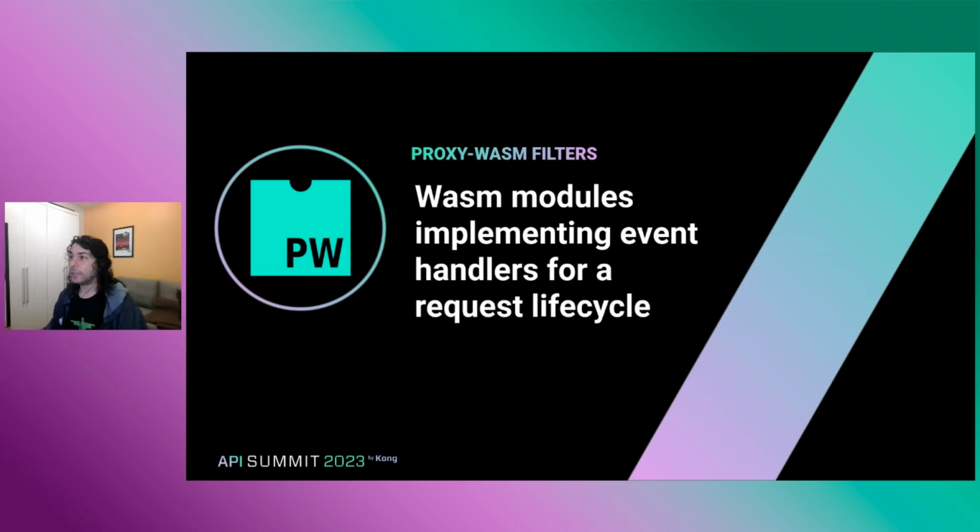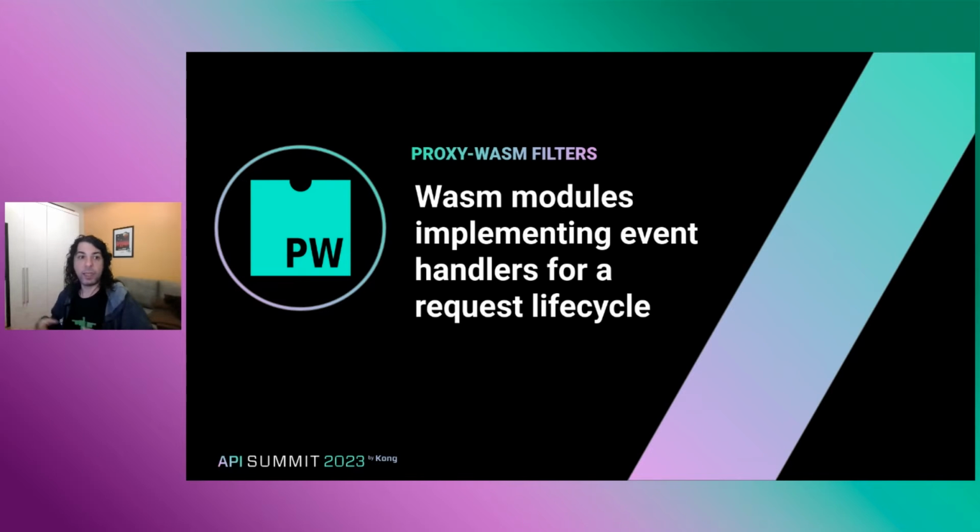As I said, we are using the proxy-wasm API, and the proxy-wasm API defines this notion of proxy-wasm filters. This is the same API that's used for WebAssembly support in Envoy and in other gateways. So this is also intended as an industry standard API.